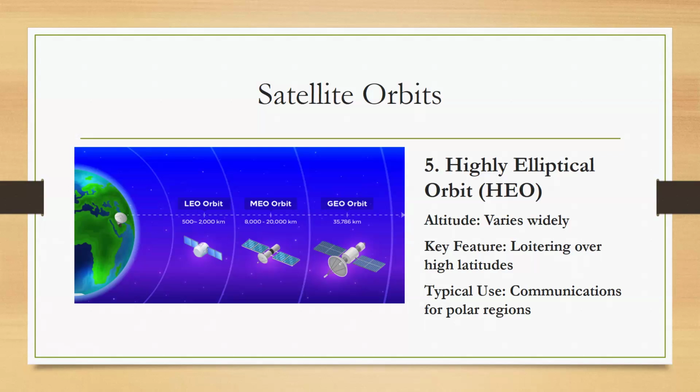So those are the applications where we don't need an even distribution of time spent around the Earth, but we want the satellite to spend more time in a given region.